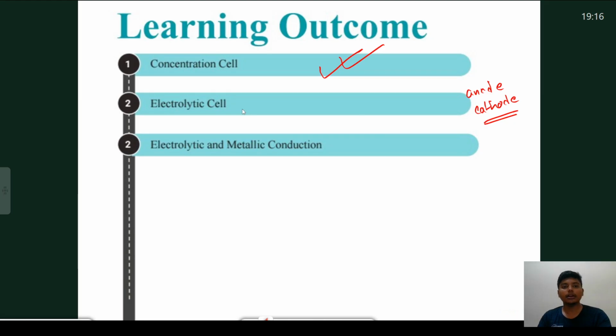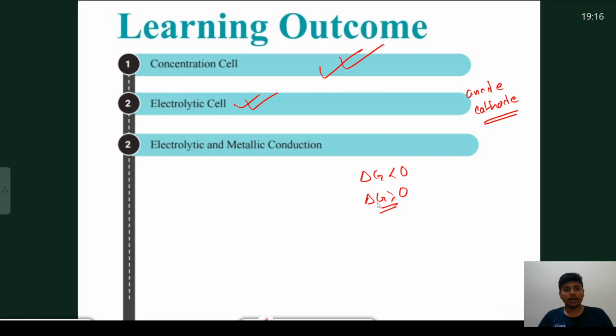Now we talked about the electrolytic cell. What is an electrolytic cell? Electrolytic cell means electricity will pass through to do a non-spontaneous reaction, right? You know a spontaneous reaction has delta G negative, and a non-spontaneous reaction has delta G positive. So for that reaction, if you wanted to do it, you have to pass electricity, that is the electrolytic cell.